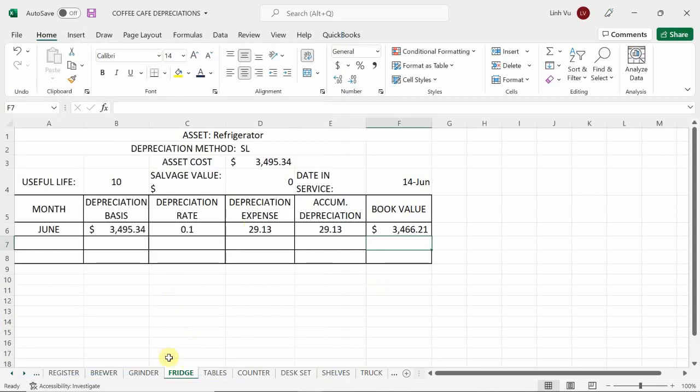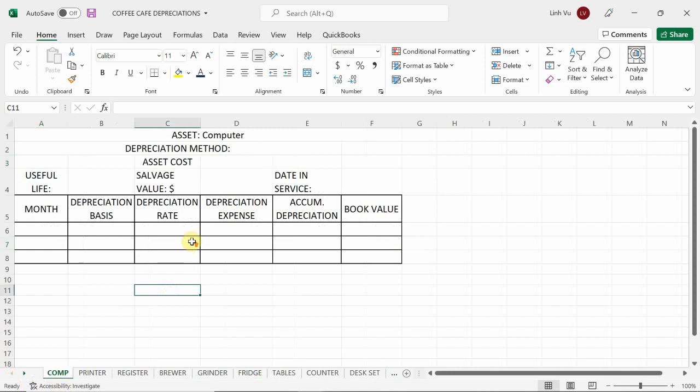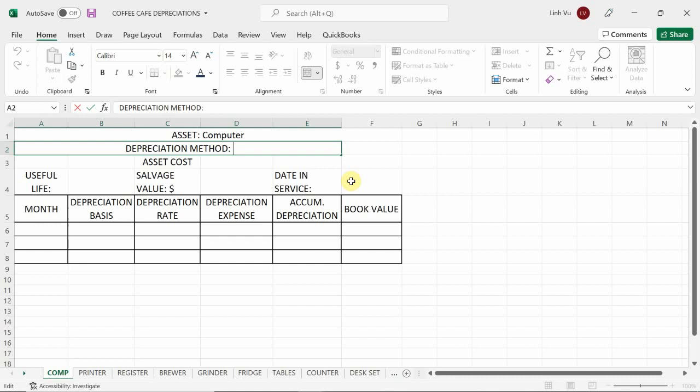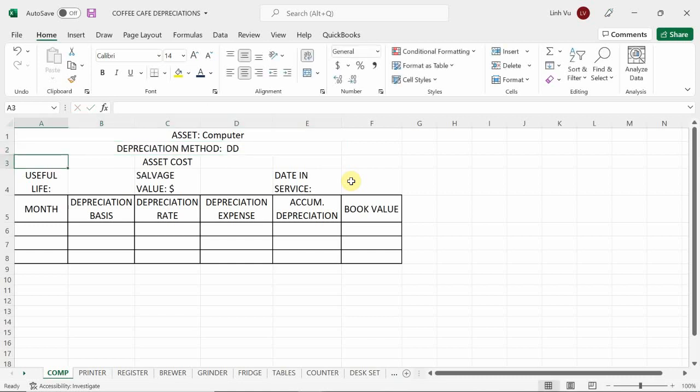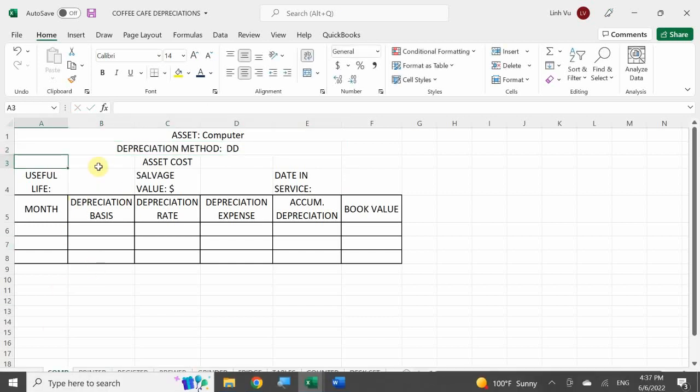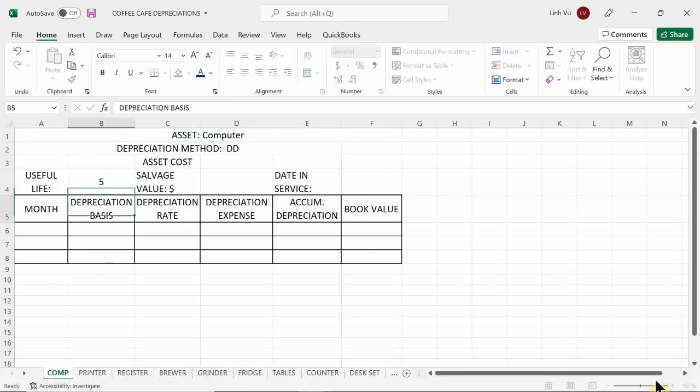Okay. So starting with the first one, we're going to go with our computer. Let's see. We know for a fact we're going to be using double declining. We know that the computer has an estimated useful life of 5 years, no residual value.